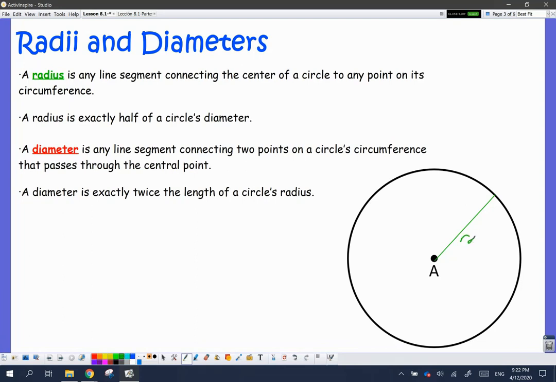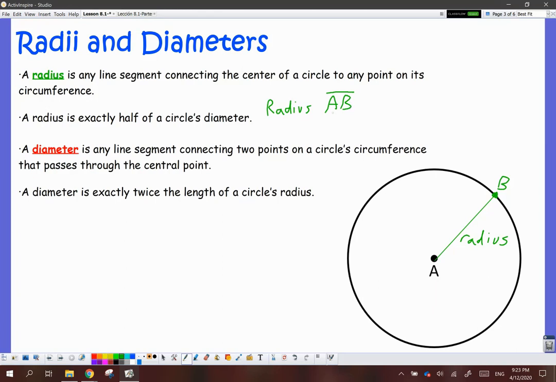And so that right there is a radius. It goes from the center of the circle to the circumference. So let's say this is point B. So we would call this radius, and since this is a line segment, segment AB with a bar over the AB. So we would call this radius segment AB.